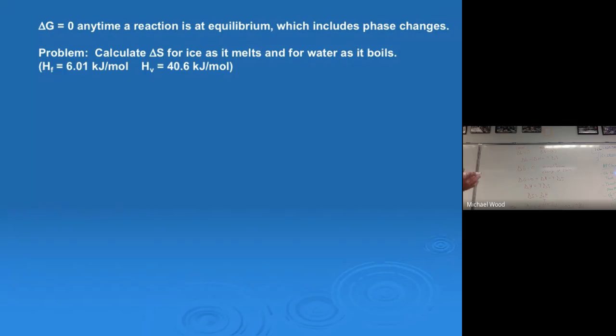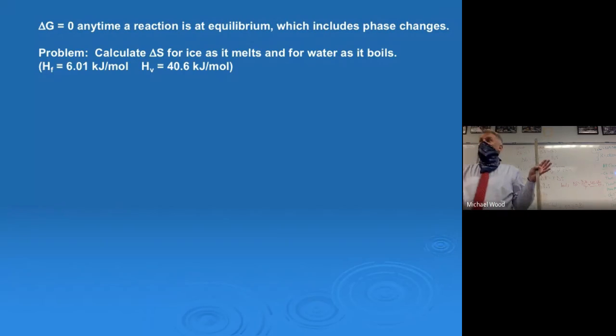Okay, so then if we do this same thing for water as it boils, again, delta S is equal to delta H over temperature. The value for delta H, where it says HV, I'm going to use that. So I have 40.6 kilojoules per mole. And what do I use for temperature?